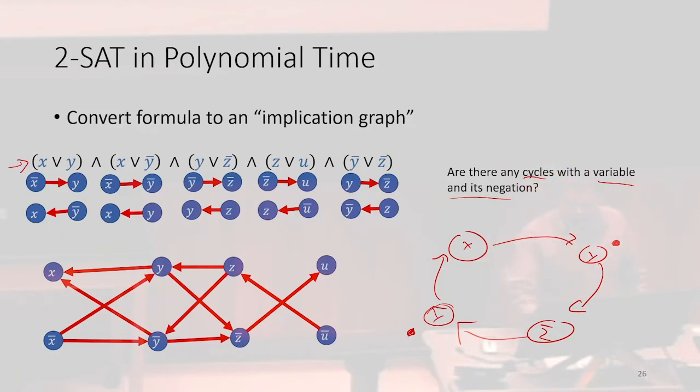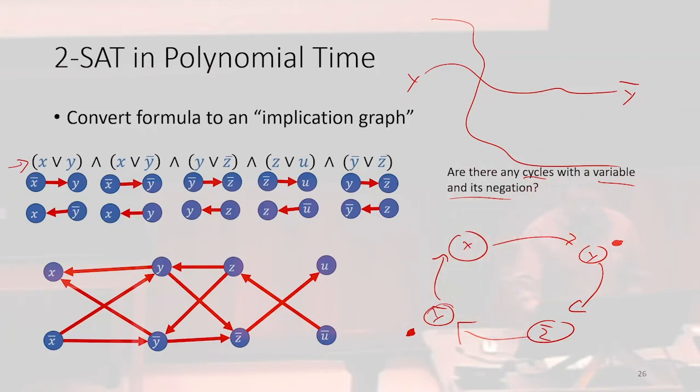Which means that I can't make y true and have everything satisfied, because that required y to be false, and those are incompatible with one another. If I just had a simple path that went from y to y complement, then maybe there was some other path I could take that would work out to be a good assignment. So it does have to be a cycle.